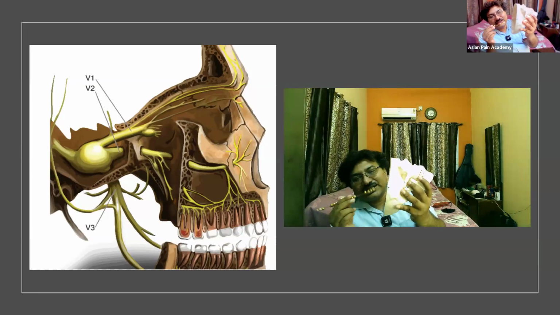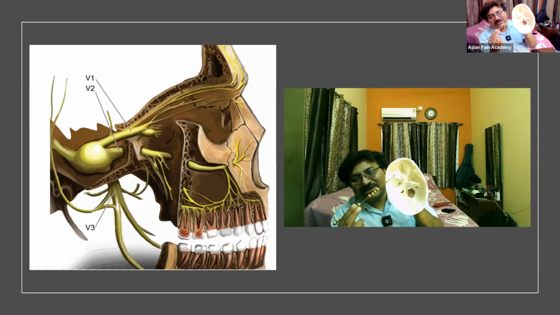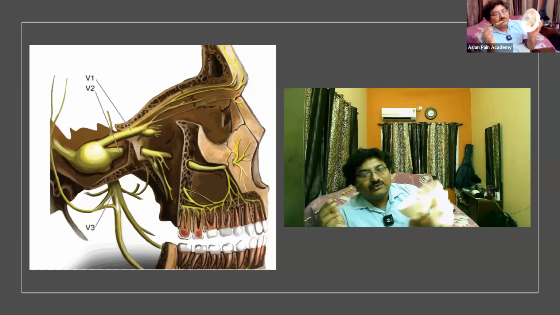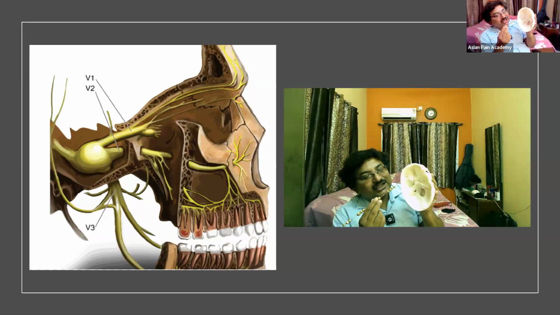The cranial fossa is divided into three portions. This is the anterior cranial fossa, this is the middle cranial fossa, and this is the posterior cranial fossa. If you see from above, the most anterior and most superior is the anterior cranial fossa, the middle is at the middle portion, and the posterior remains at the lowest portion.